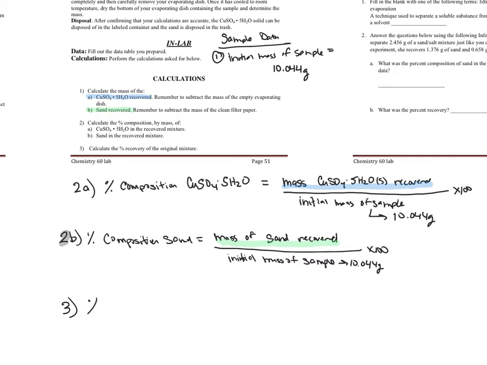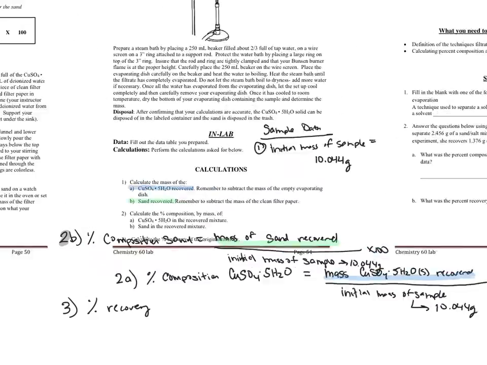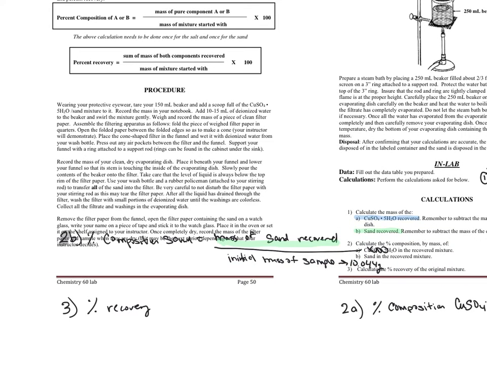Question 3, percent recovery. We're using our definition. So percent recovery is the sum of the mass of both components recovered divided by the mass of the mixture you start with.